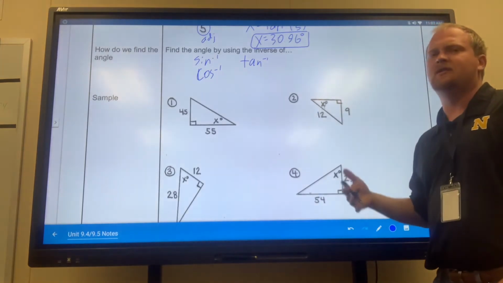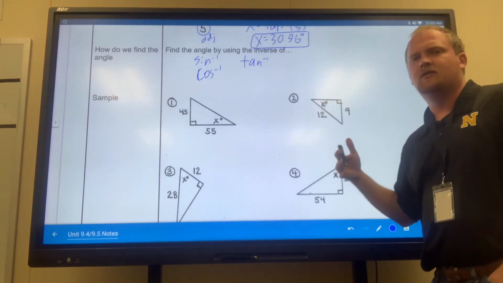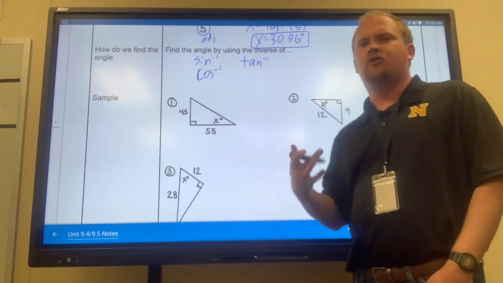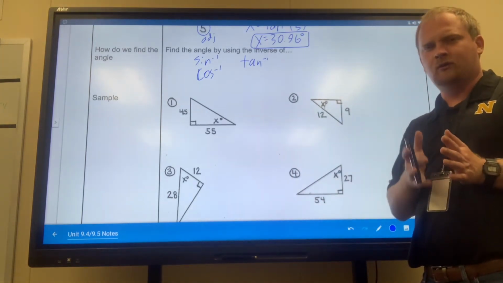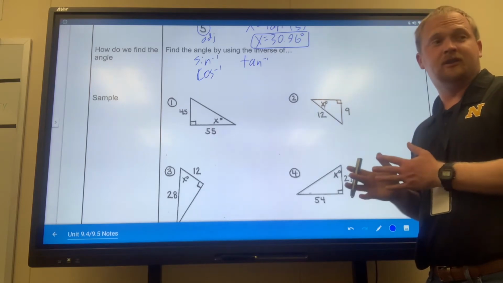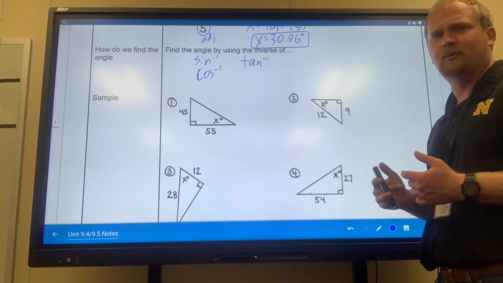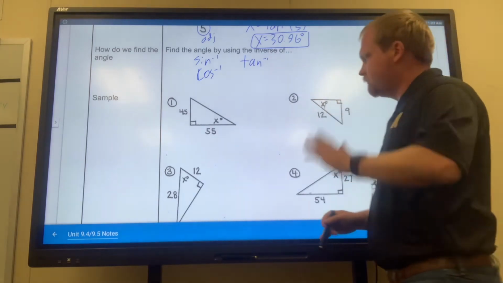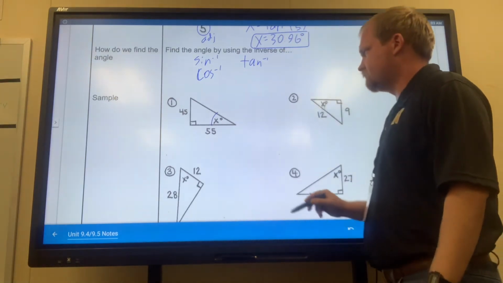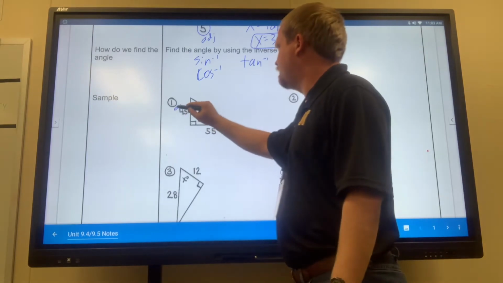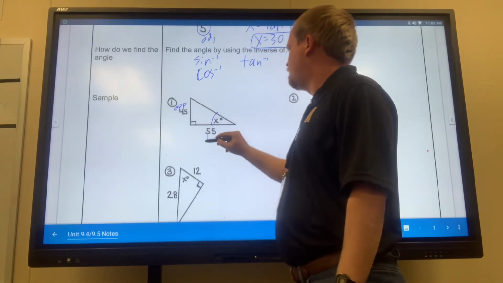I want to use the inverse of each trig, but that depends on which trig I'm going to use, because remember, there's one trig that could work for one triangle, but not the other. So I want to make sure I'm using the right one. In this one I have opposite over adjacent.